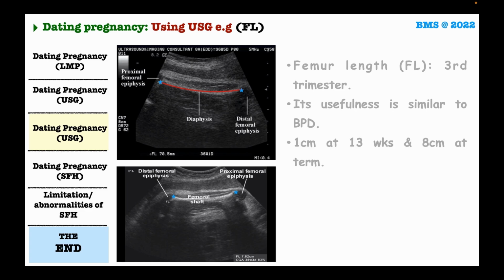Now, the last one I want to talk about is the use of the symphysiofundal height in dating pregnancy. Later on in pregnancy, we can use the symphysiofundal height to date pregnancy and get the actual date of gestation. We do this either by palpating or using a non-elastic tape measure.